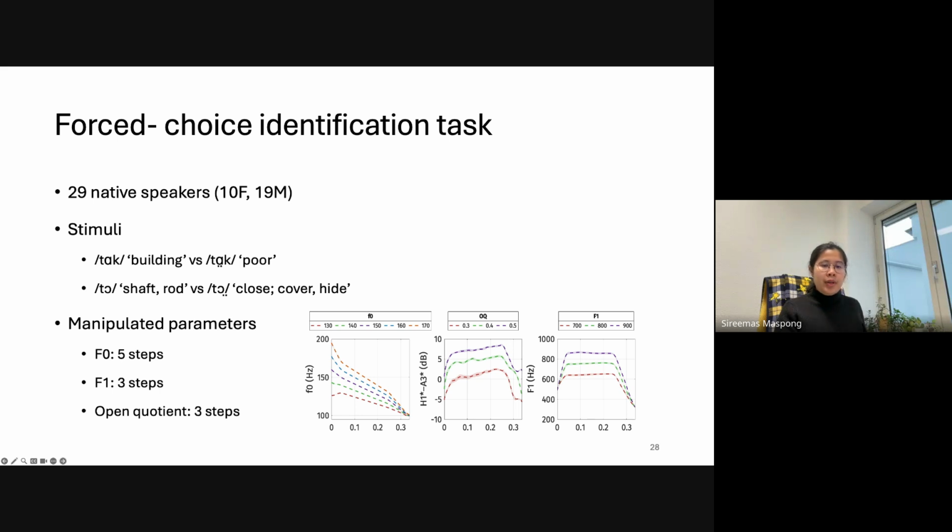The parameters that we manipulated are 5 steps of F0 trajectories, as you can see in this figure, and 3 steps of F1, representing vowel height. We also manipulated open quotient, which is a parameter we can set in the synthesis of the stimuli, with 3 steps from less breathy to more breathy.